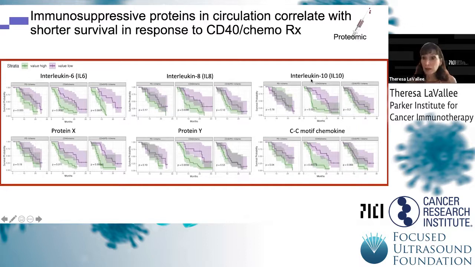And uniquely, IL-10, which has been published to be correlated with the B cells in particular, seems to be unique to CD40. And across these Kaplan-Meier curves, we can see some differences between the three arms, even in a proteomic approach from blood.